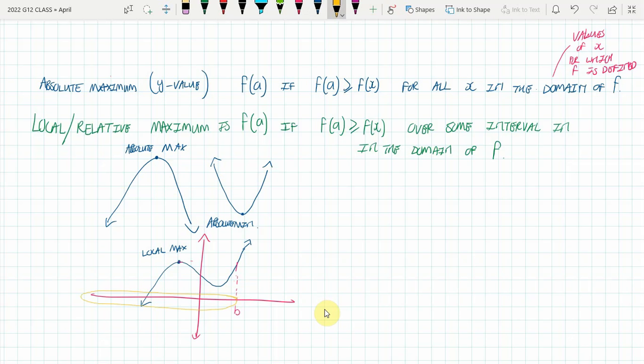But for this other part, this value is not a maximum. Can you see? So we call it local or relative maximum, because it's a maximum only in South Africa, but in the rest of Africa, it's average.